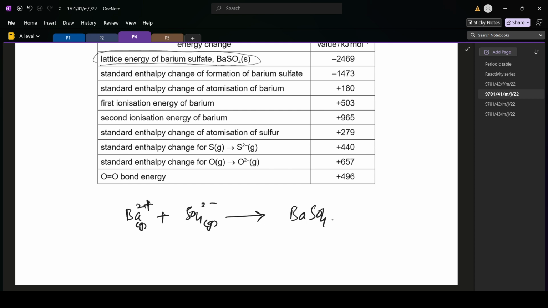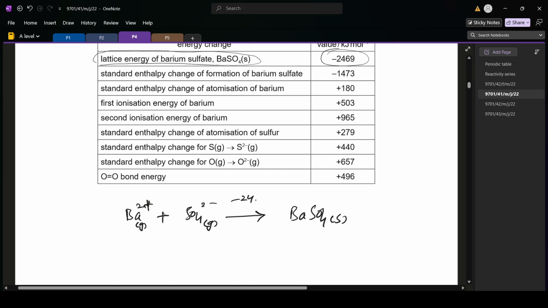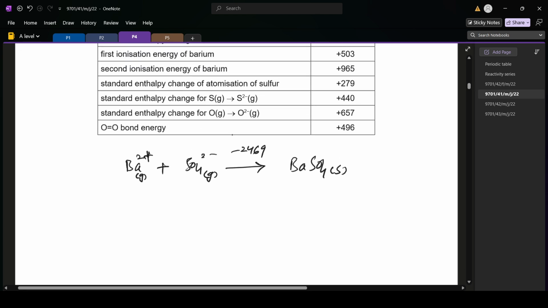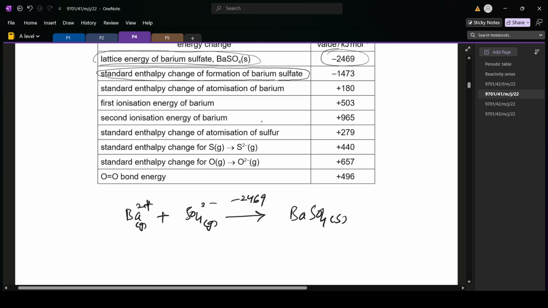This is the lattice energy of barium sulfate, and its value is minus 2469. Then what is the standard enthalpy change of formation? If you remember the definition, it is the formation of 1 mole of a compound from its elements in standard states.